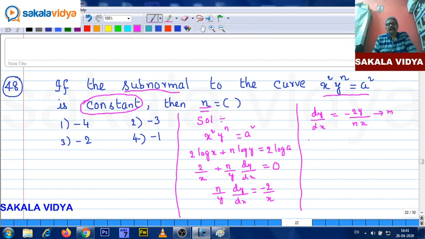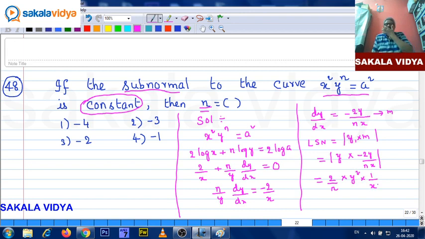Now, the length of the subnormal is equal to y1 into mod m. So y1 means y only here, no problem. y into m stands for minus 2y by nx. This we can write as 2 by n, mod of minus 2 is plus 2 only. So, y square into 1 by x.